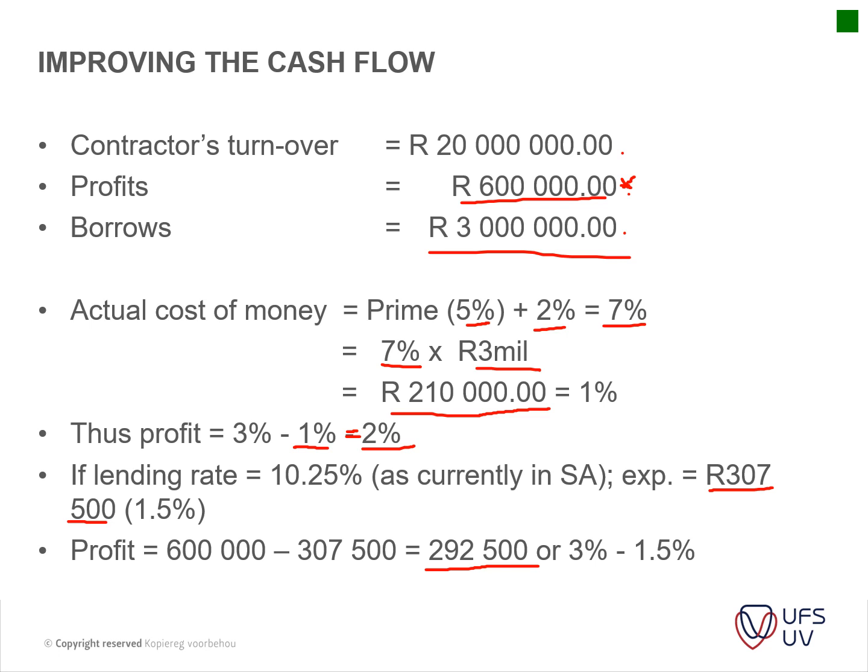So it's half of your profit that was eaten away by interest. That's just something to take note of, how easily the lending rates can influence your cash flow on a project, or your profit. So please be aware of that.